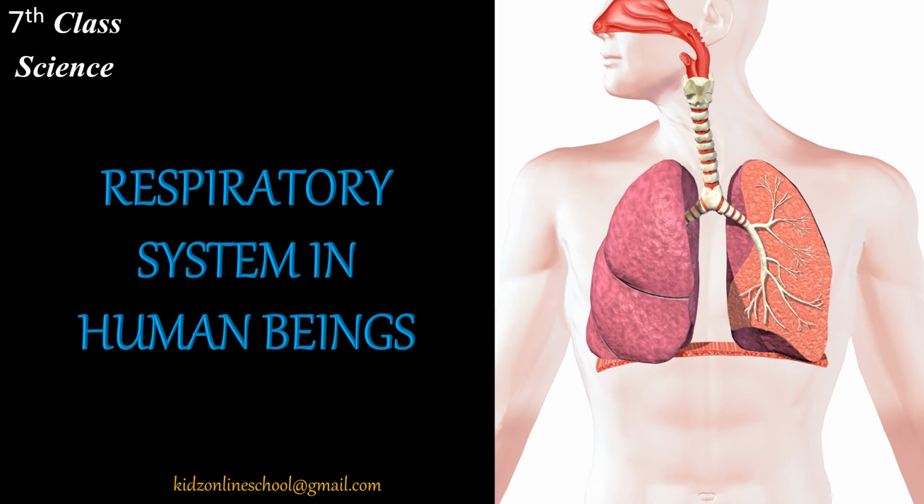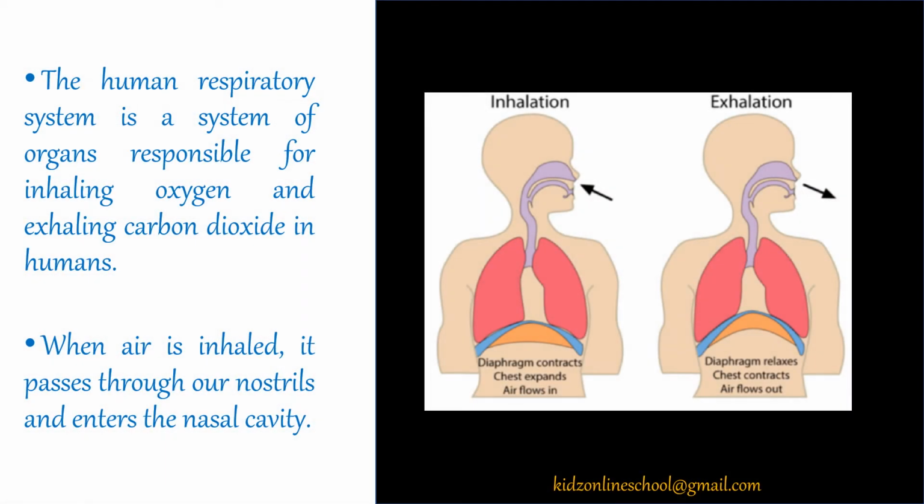Respiratory system in human beings. The human respiratory system is a system of organs responsible for inhaling oxygen and exhaling carbon dioxide in humans. When air is inhaled, it passes through our nostrils and enters the nasal cavity.